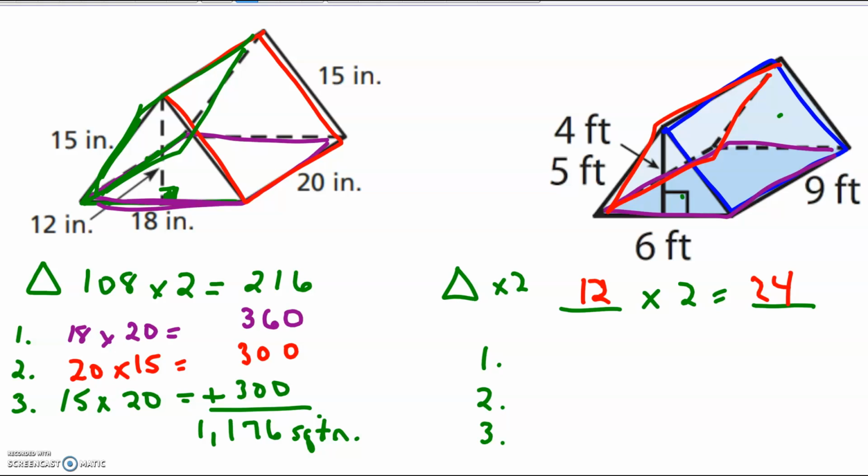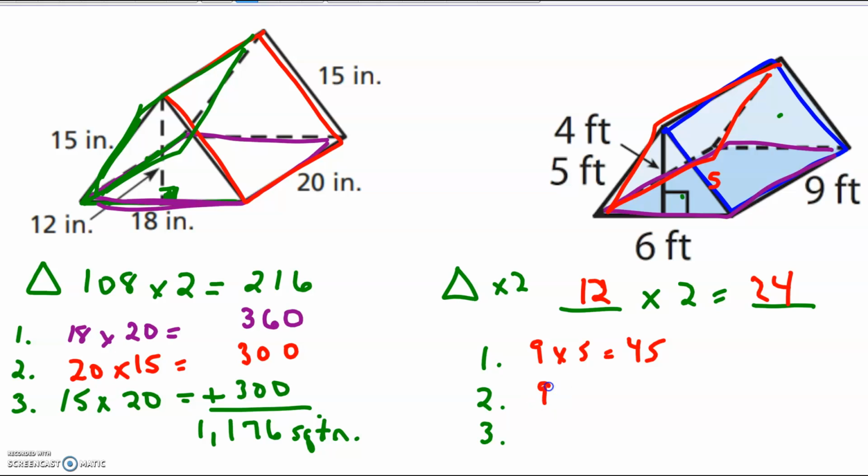Now for the sides, and I'm not sure which side you did first. They probably should have put another 5 over here when they were setting up this problem so that we knew that this was 5. But you would do 9 times 5 is 45. And it's going to be the same on the other side over here.